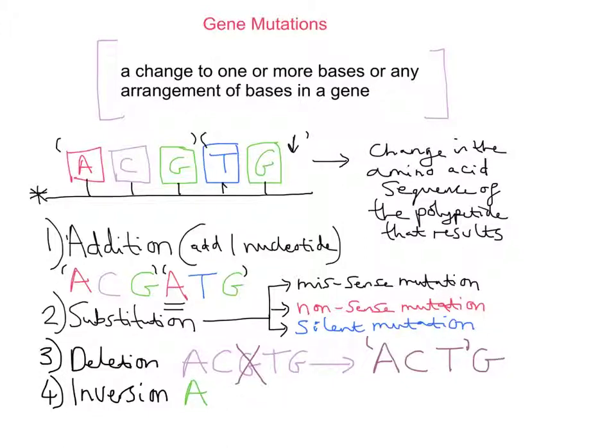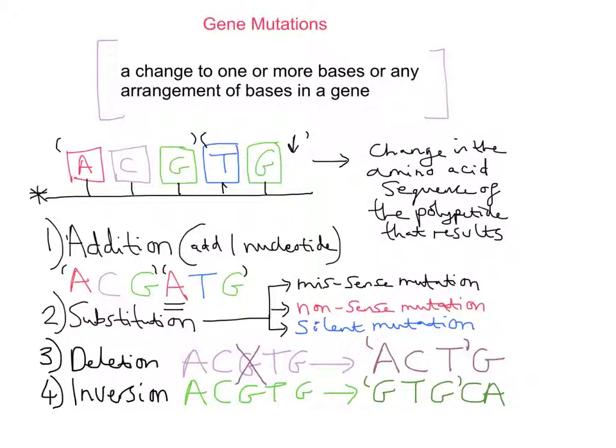So that's when ACGTG could very easily, if that portion gets inverted, become GTGCA. So you can see that small sequence there is reversed. So once again, when read as a series of 3 bases, a triplet code, we can see it's a completely different order that we have there.